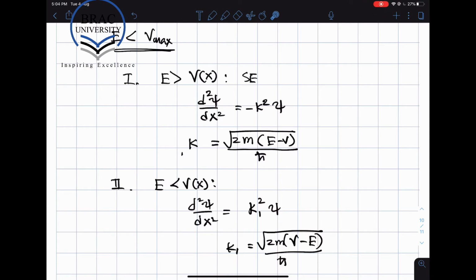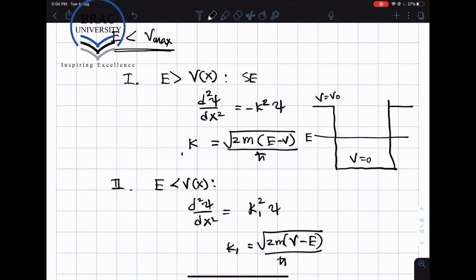So, for definiteness, we can take the case where we have a finite potential well. This is our potential, and our energy is something like this. Over here, the potential has value V equals V naught, and over here the potential has the value V equals 0.